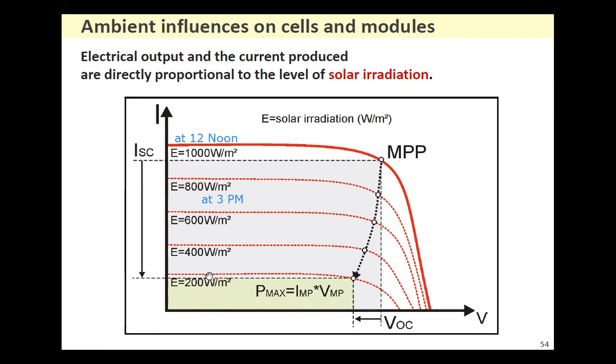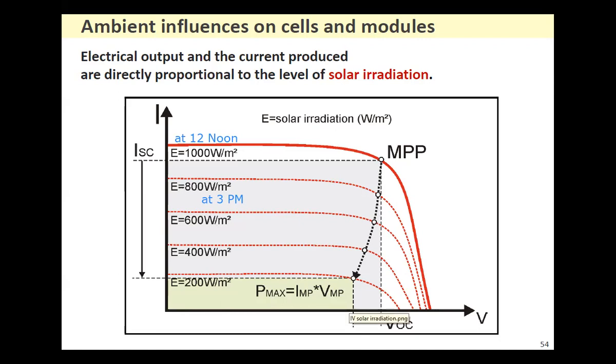So how do you ensure that you are extracting maximum power out of the solar panel? You need to change the load resistance on the panel. And how is this done? We control the battery charging.